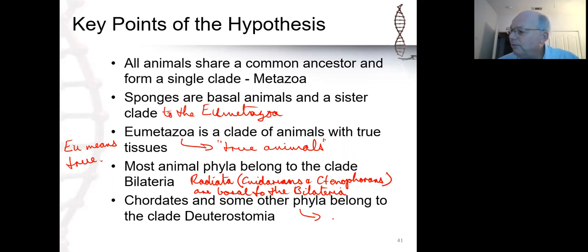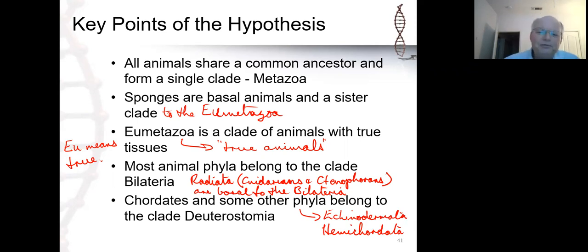So let's put in here other phyla, echinoderms, echinodermata, hemichordata, and a couple of very small clades that also belong amongst the deuterostomia.